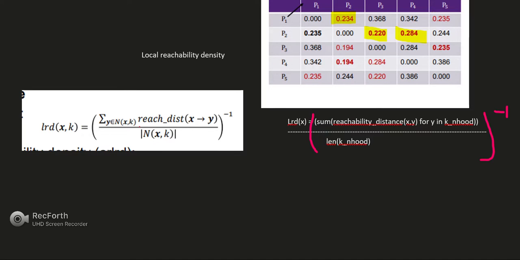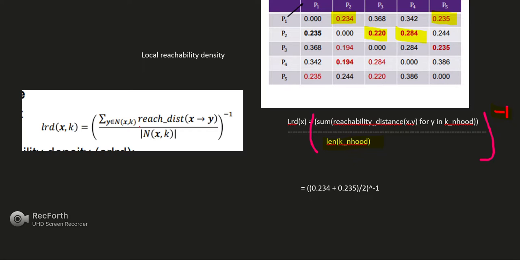So for point number 1, we take the sum of this point and this point. We divide it by 2, power of -1. Really simple. So that equals 0.234 plus 0.235, all of that divided by 2, all of that to the power of -1.